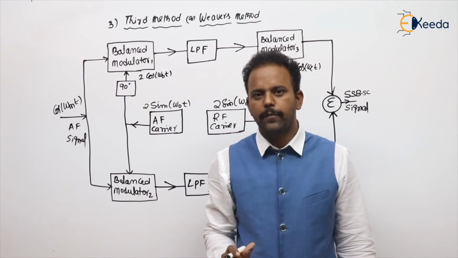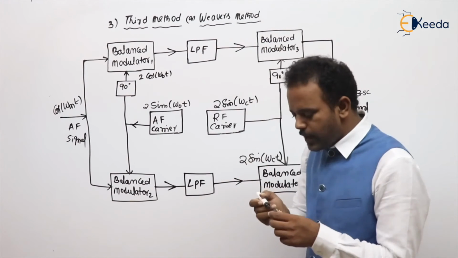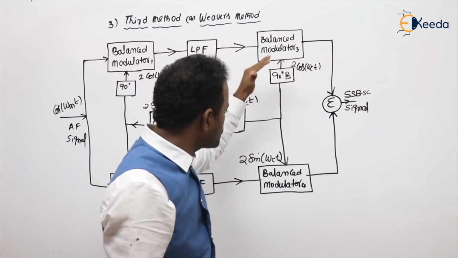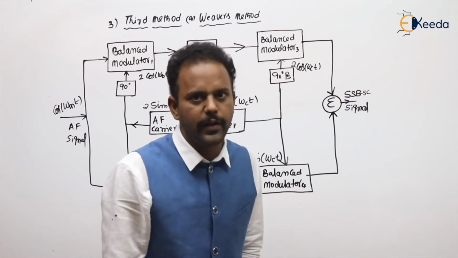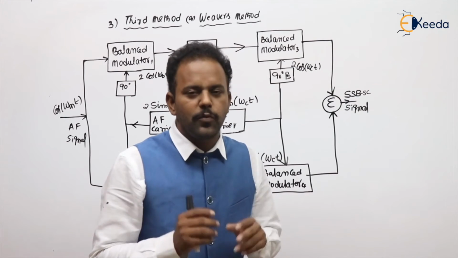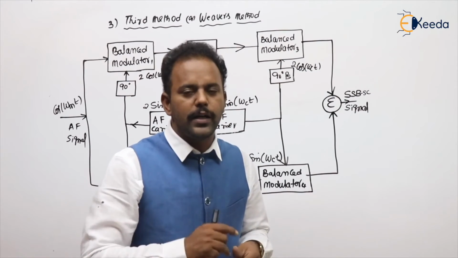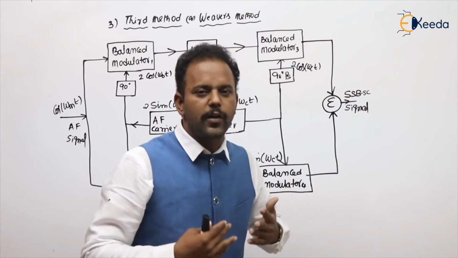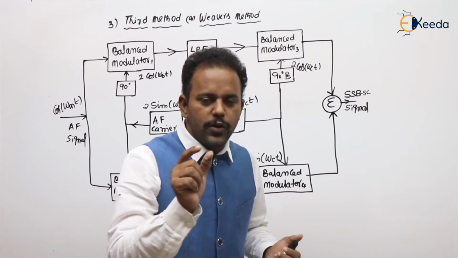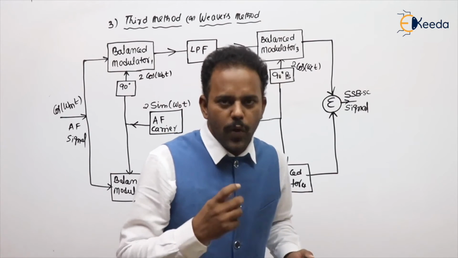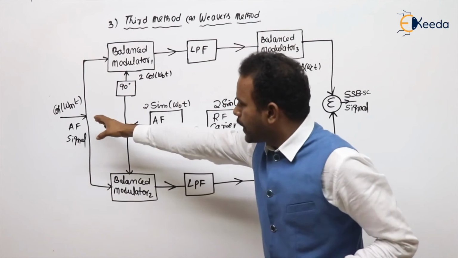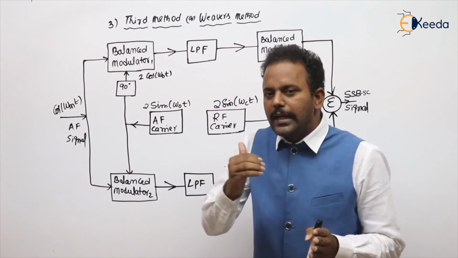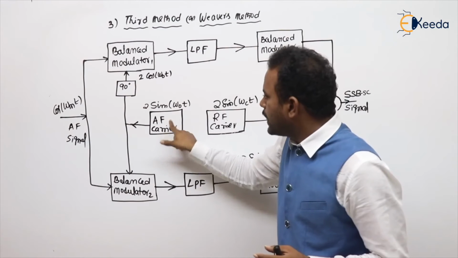Are you getting my point? So this structure is similar to the phase shift method, but what we are feeding to the last balanced modulators is slightly different. And here, by taking the advantage of the phase shift method, which can generate SSB at any frequencies, as AF is a low range, rather than trying to shift the whole frequencies, first we are shifting to an intermediate level by taking the AF carrier.